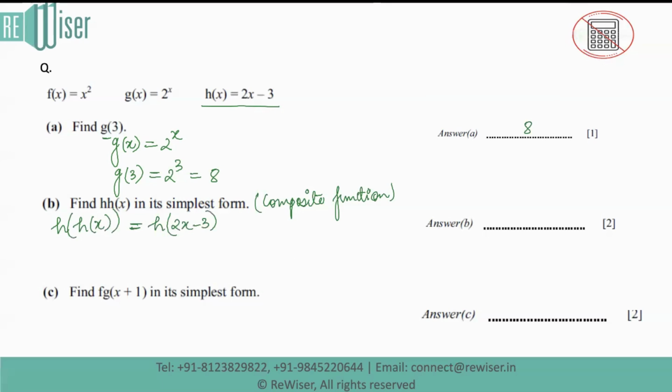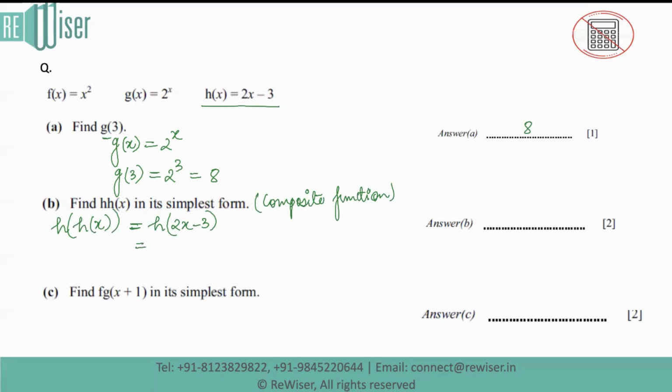Now I know that my input value for the function h of x has changed to h of 2x minus 3. That means we would be replacing x by 2x minus 3.